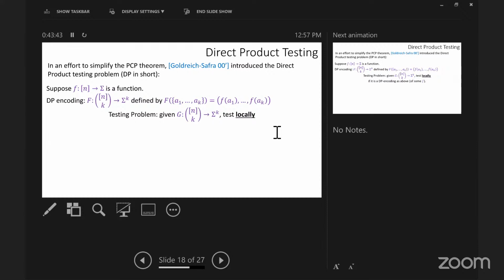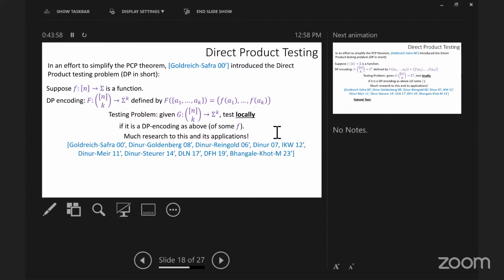So again, I want to test whether this G comes from some little f or not. This is a very interesting problem, and there has been a lot of research about it. Here are some references.